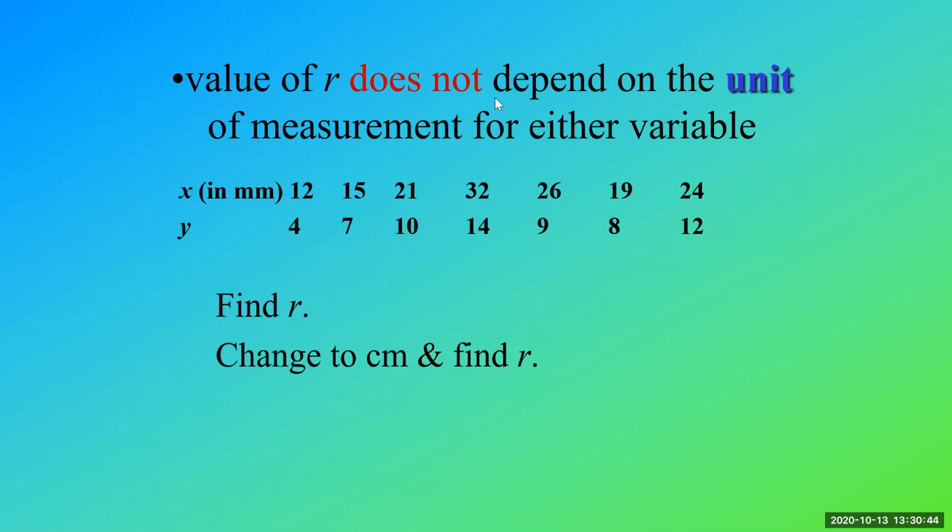The value of R does not depend on the unit of measurement for either variable. If I have a listed data set and I find R, and you can do this on your calculator, for time purposes I will tell you we find the R value to be 0.918.